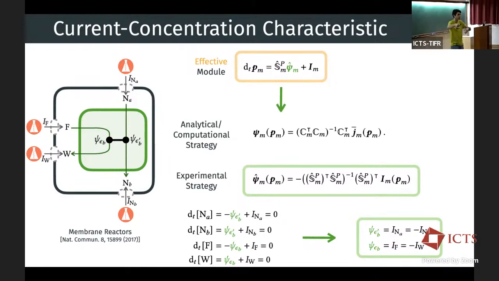If I measure those currents, I can use a transformation to get back to the currents of the effective reactions. So I have to measure this for different concentrations of the terminal species to reconstruct how the currents of the effective reactions change with the concentration of the terminal species. This is just the equation that relates the two.